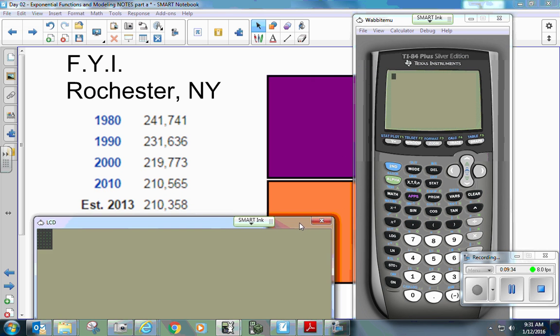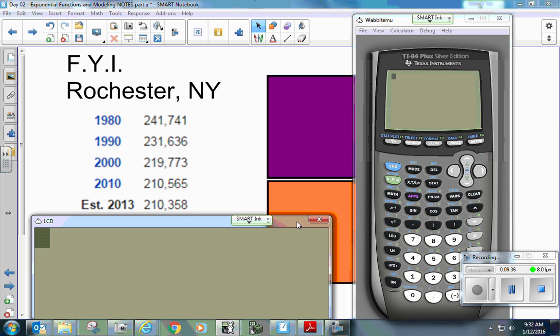We're going to put these numbers in just from 1980 to 2010. But let's start with 1980 as year 0. This would be 10, because it's 10 years after 1980. This will be 20, and this will be 30. Otherwise, when you start putting 1980, our equation's going to be a lot bigger than it has to be.